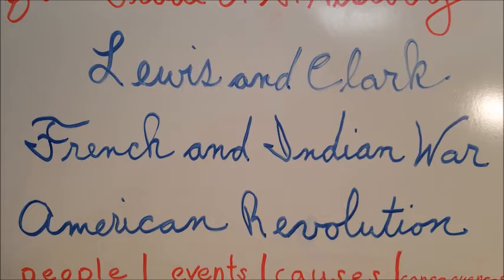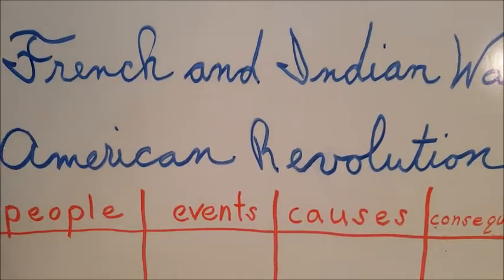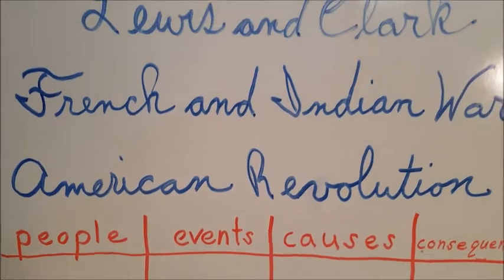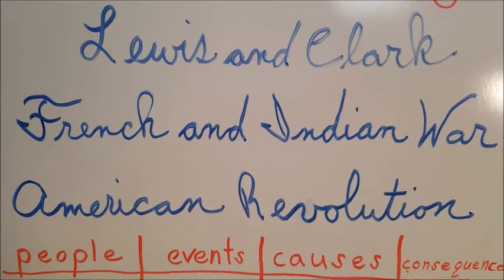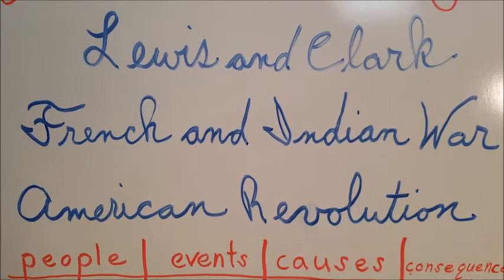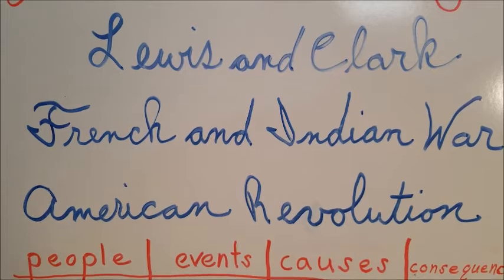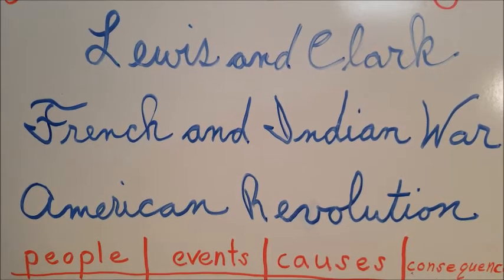We're going to move on now to talk about the American Revolution. But before we do that, it's really important that we discuss the French and Indian War. The French and Indian War was also known as the 7-Year War.